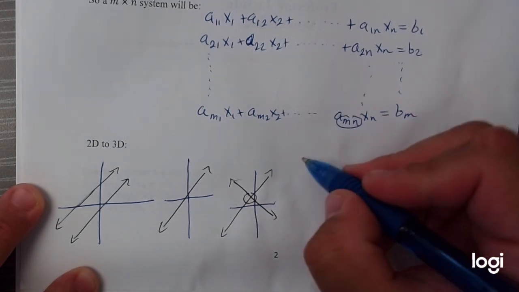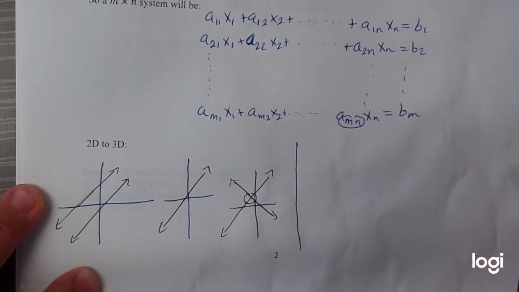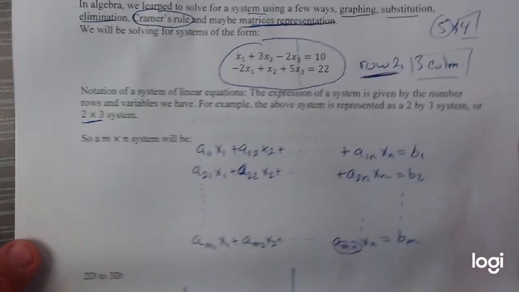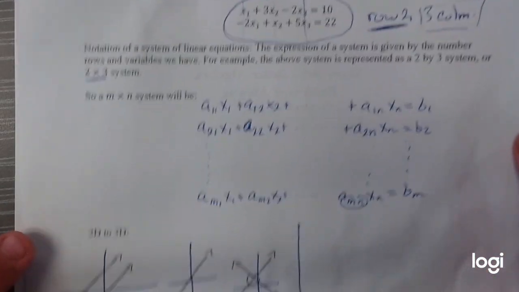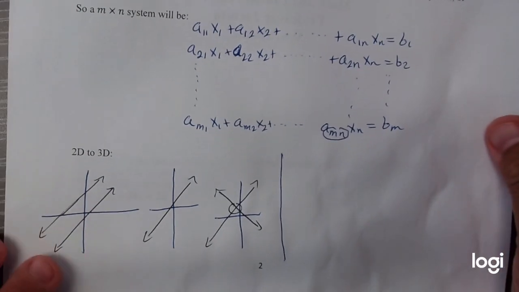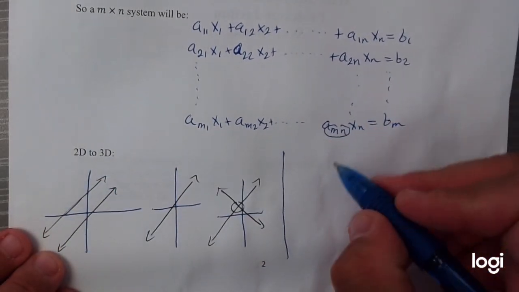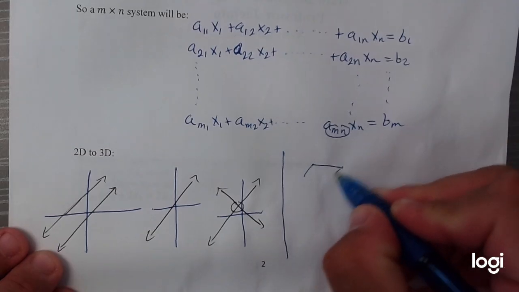We have the same process when it comes to 3 dimensions and so forth, because this is just 3 variables, but we can actually have nth variables. We're just going to stick with 3D for now. The equivalent of parallel lines in 3 dimensions is that the planes are parallel.